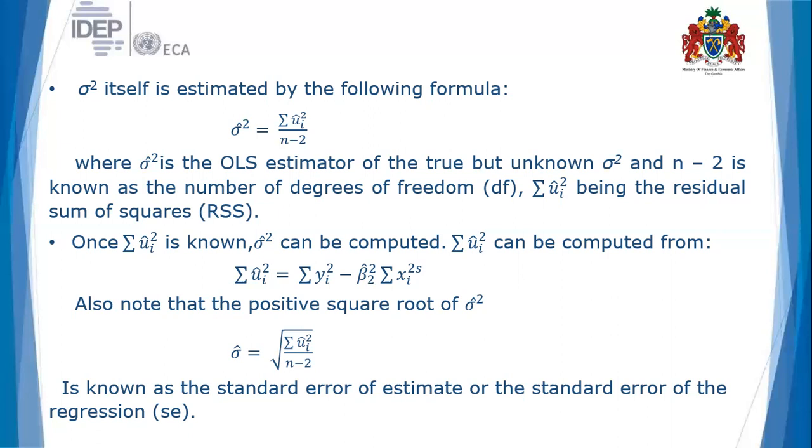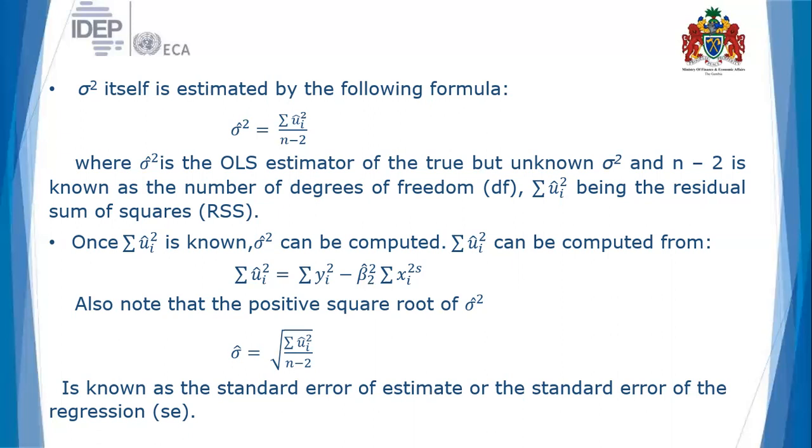Also note that the positive square root of sigma hat squared will give us sigma hat, which is equal to the square root of summation of u hat i squared divided by n minus 2, which is the degrees of freedom. And this is known as the standard error of estimate, or the standard error of the regression, SE.